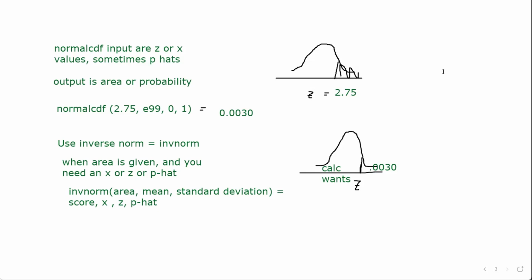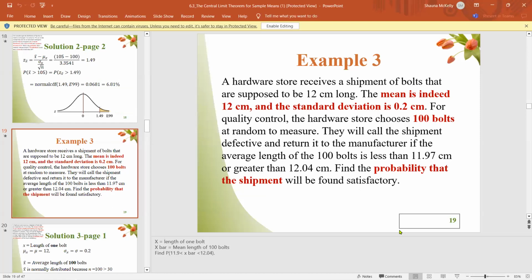Okay, take a look at this. I'm going to share the screen here. Let's look at this again. A hardware store receives a shipment of bolts that are supposed to be 12 centimeters long. The mean is indeed 12 centimeters, and the standard deviation is 0.2.